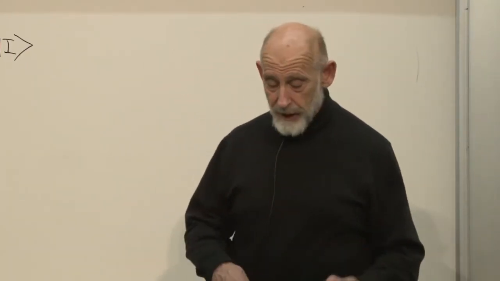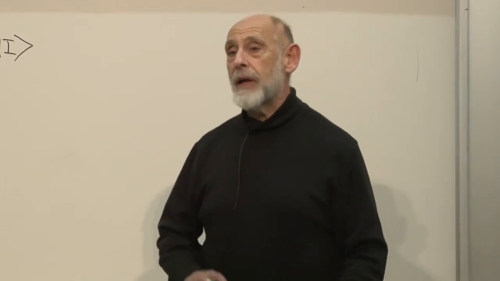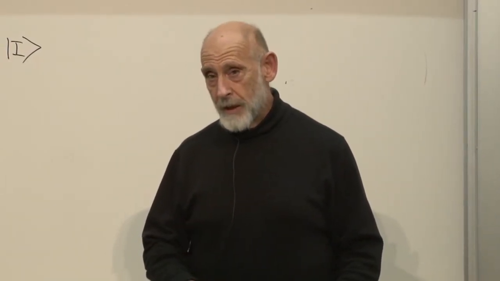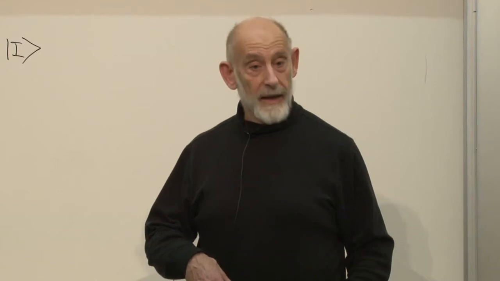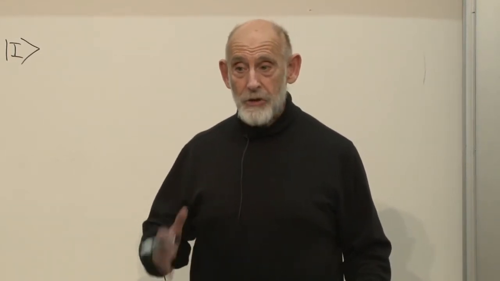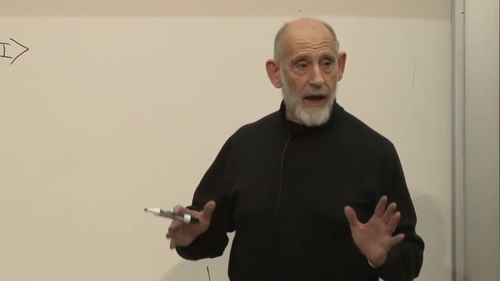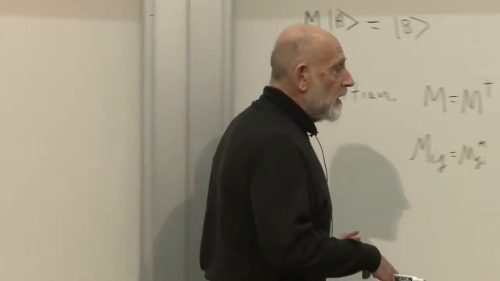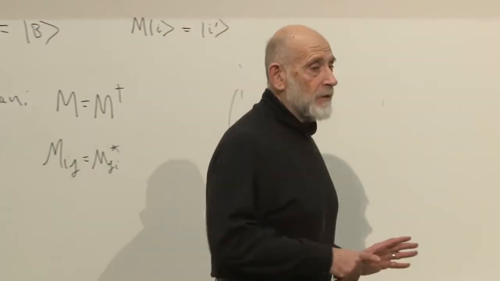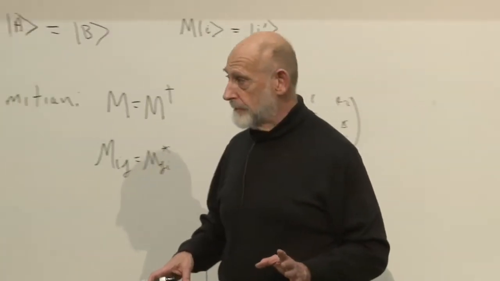In general, the different eigenvectors will have different eigenvalues, as I said, but it will be true that if a matrix is Hermitian, and the dimensionality of the space is n, there will be n mutually orthogonal eigenvectors. In other words, the eigenvectors of Hermitian matrices define a basis.